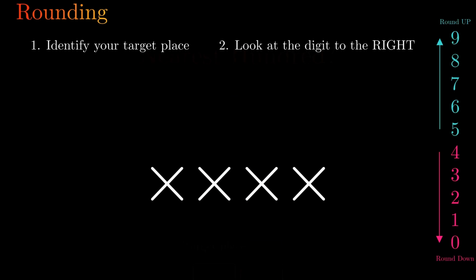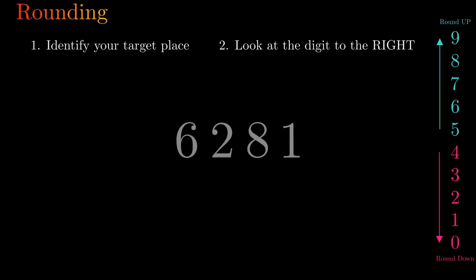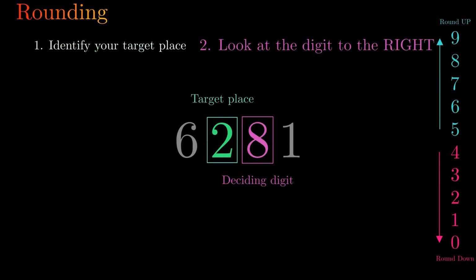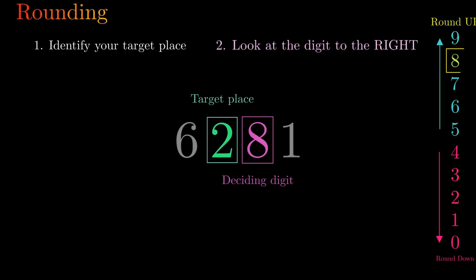Let's try an example. Round 6,281 to the nearest 100. First, find the target place, the hundreds digit. That's the 2. Next, look at the deciding digit to its right. That's the 8. Now we apply our rule. Is 8 5 or greater? Yes, it is. So we round up. Rounding up means we add 1 to our target digit.